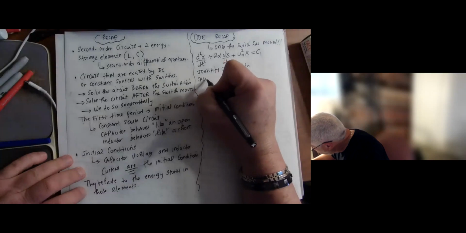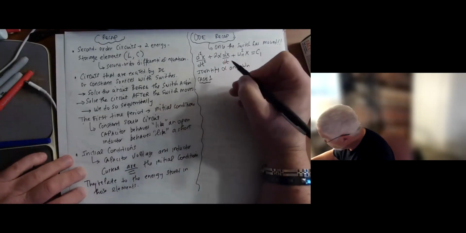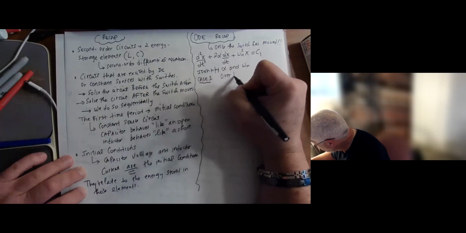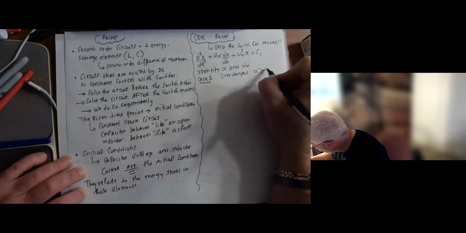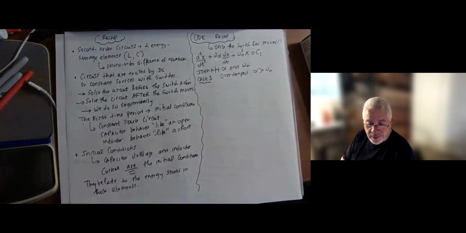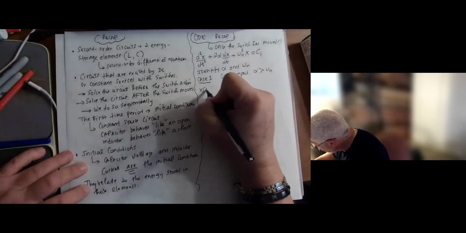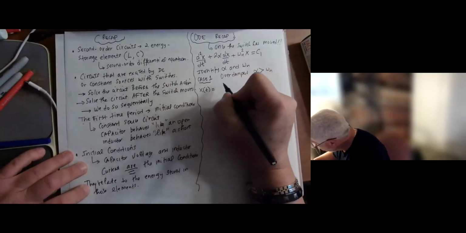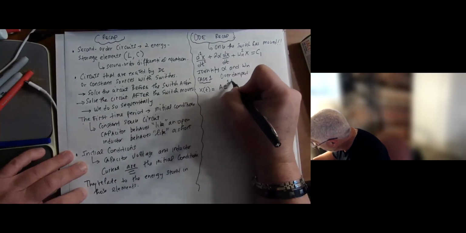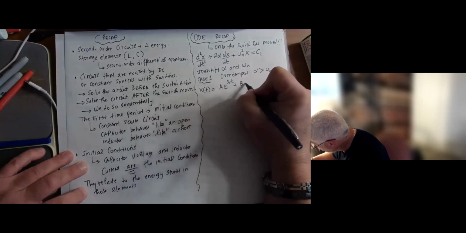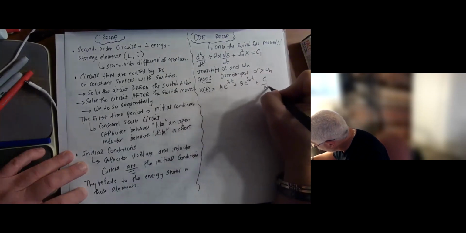Case 1 is what we call the overdamped case. That is alpha larger than omega n. In case 1, x of t is equal to A e to the s1 t plus B e to the s2 t plus C1 over omega n squared.